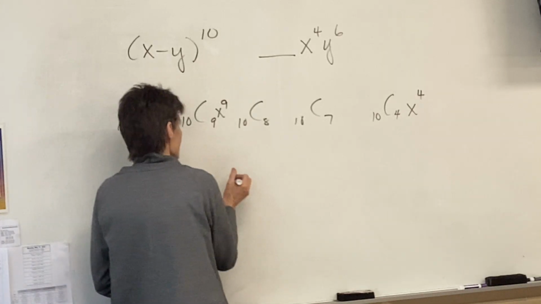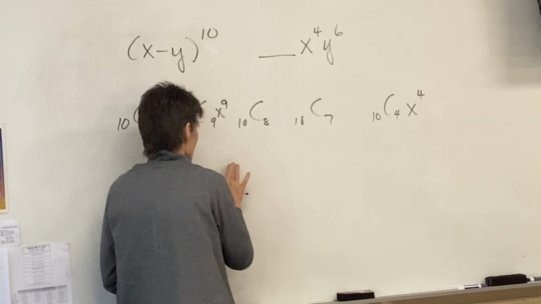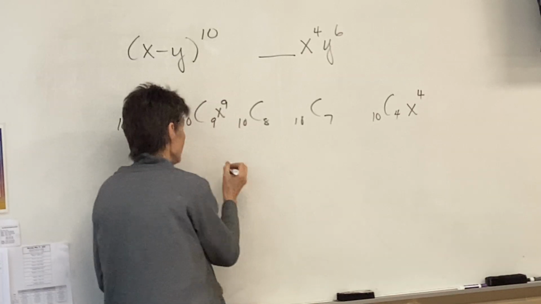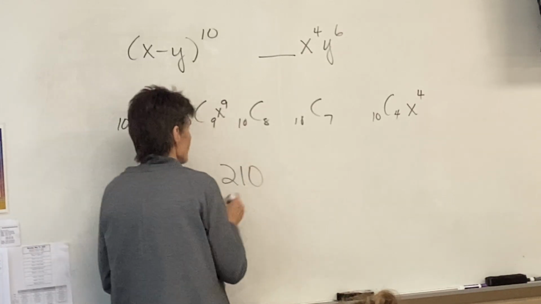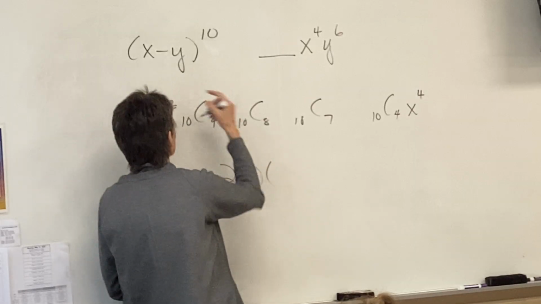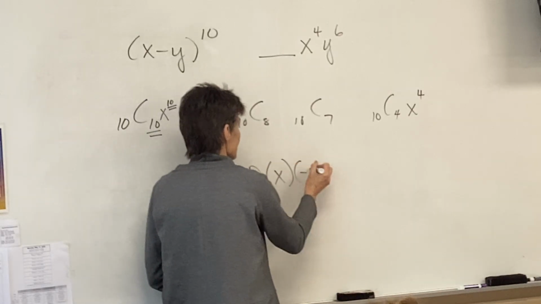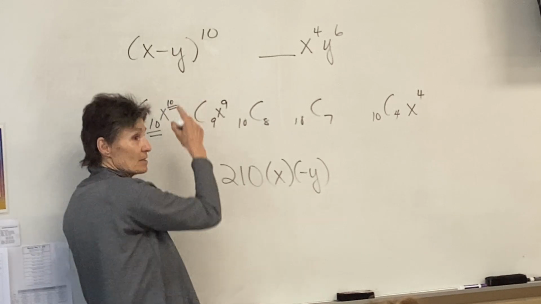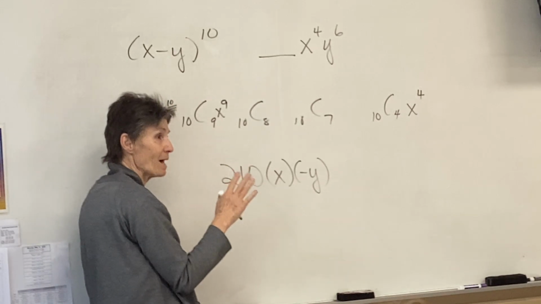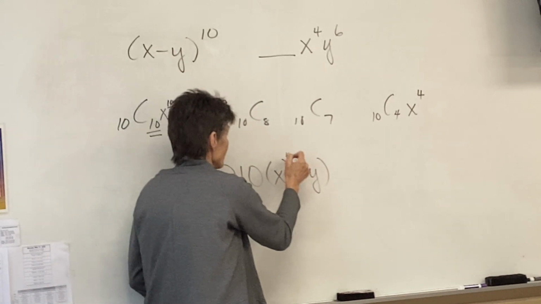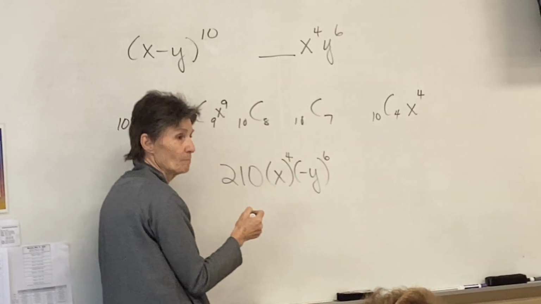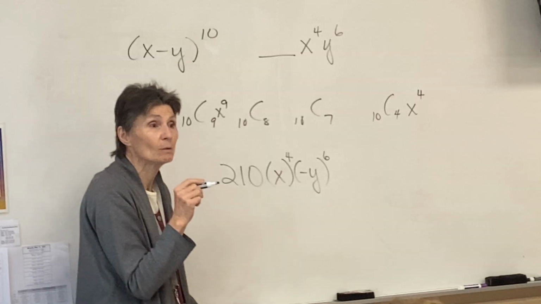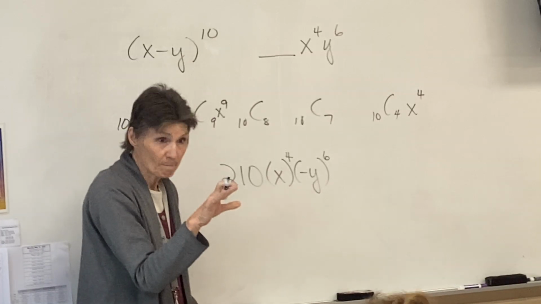Now, you do have to be careful. What is 10C4? 210. So 210, next to the 210 would be an x and a negative y. And this is why you have to be careful. It isn't going to matter in this problem because that's a 4 and that's a 6. What's going to happen to that negative? Since it's to the 6th power, it will go away.